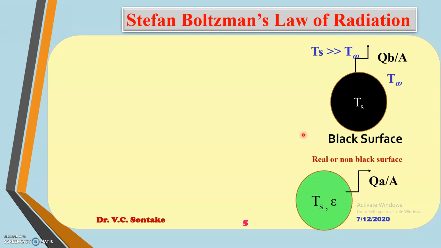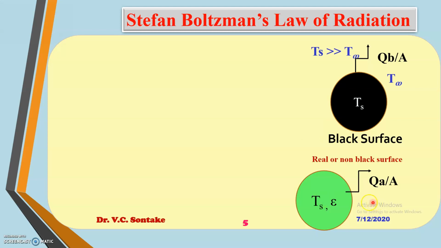Similarly, let us consider a non-black or real surface at temperature Ts having emissivity epsilon. Again, it is maintained at the same temperature at which the black body is maintained. So by virtue of this temperature difference, heat transfer will take place by radiation.